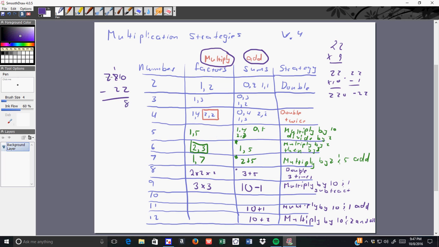That becomes an 8. Borrow 1 here. That becomes an 11. That becomes a 1. You don't actually understand any number sense doing that algorithm. Doing 220 minus 22 and recognizing that I can do 220 minus 20, getting 200, and then say, oh, but I was supposed to take away 22 and I only took away 20. That makes so much more sense, much better.